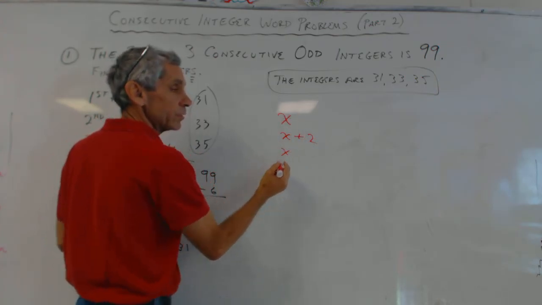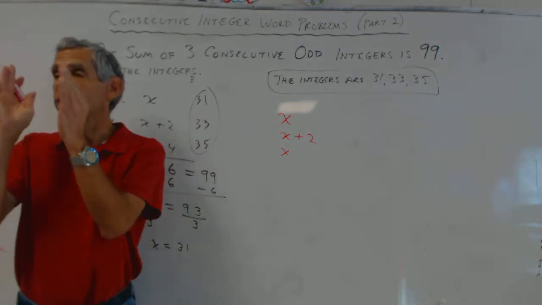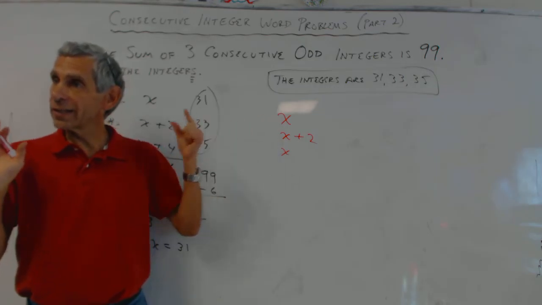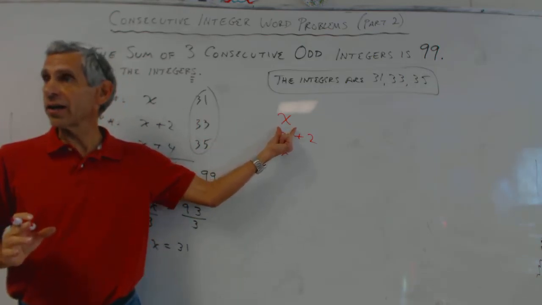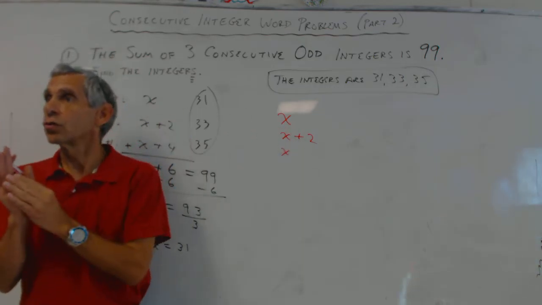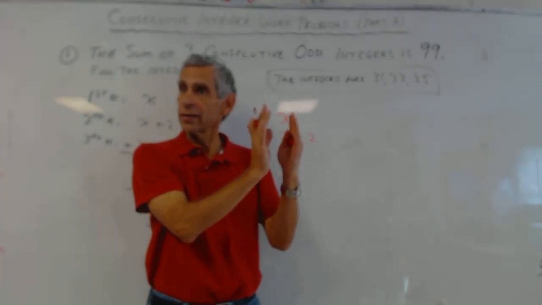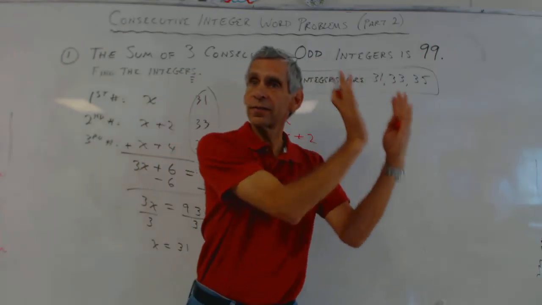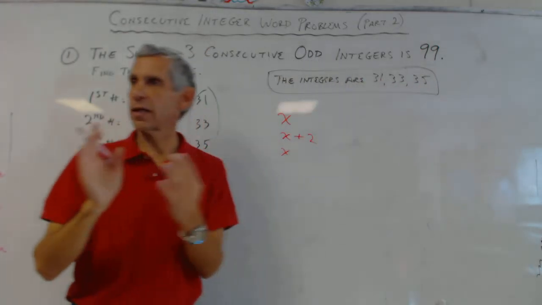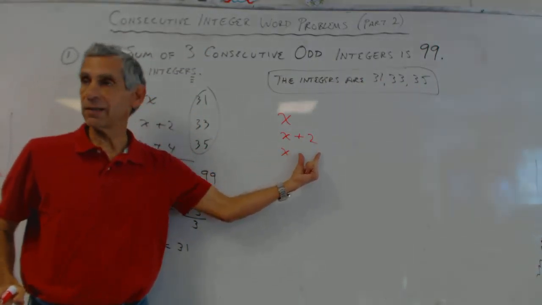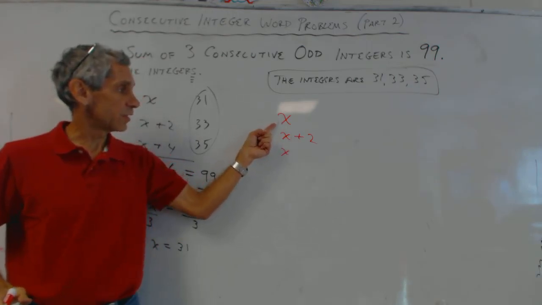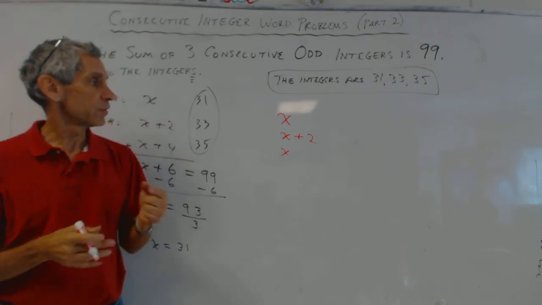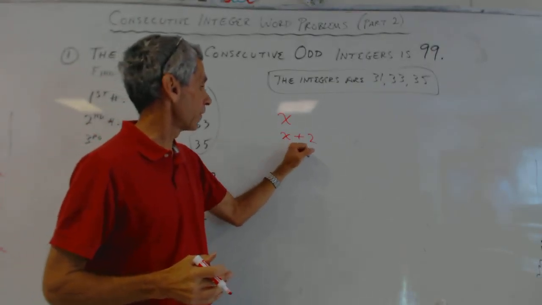The x is what's odd. When they say consecutive odd, that means you're starting on an odd. So 2 over will give you the next odd, like 3, 5, 7, 9. You're still adding even numbers here. It's just that the first number is the odd number. So it'll be x and x plus 2 for that one.